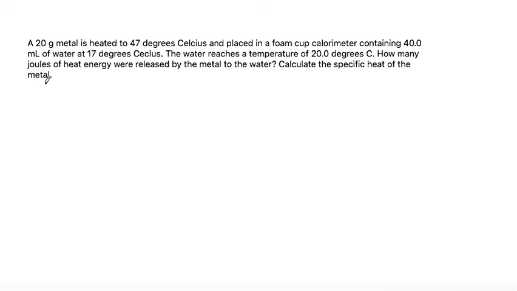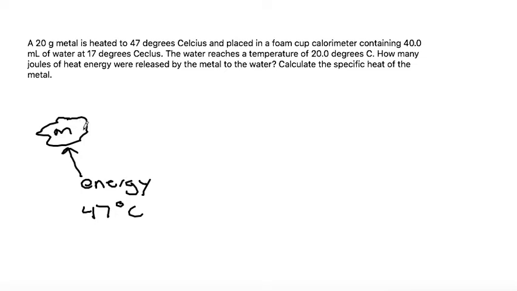So first of all, to think about what is going on in this problem, say we have a piece of metal. I'm a really bad artist, but this is our metal. Just label it as M. And we're heating it up, so we're adding energy to it until it reaches 47 degrees Celsius.